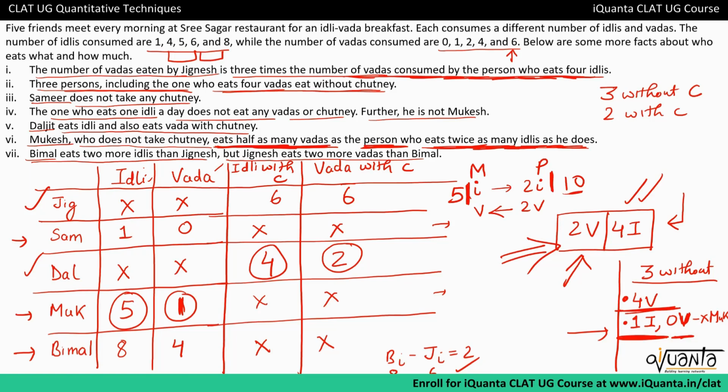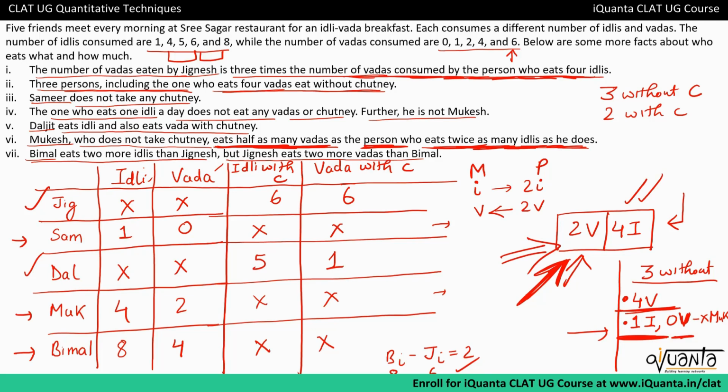Now this 2 vada 4 idli person, I will make Mukesh. So Mukesh will eat 2 vadas and 4 idlis. In that case Daljit will have to eat 5 idlis and 1 vada. Let us check if everything is fine in this case.